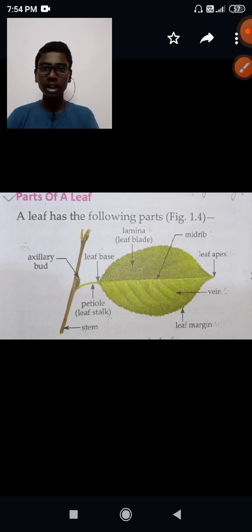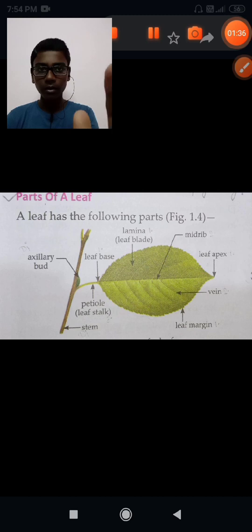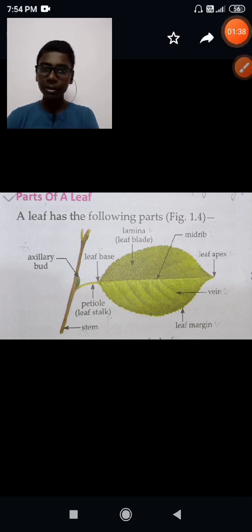So a leaf is the green, flat and lateral structure attached to the node of the stem. So I repeat, the flat, thin and green lateral structure attached to the node of the stem is known as the leaf. Okay, now let us proceed with the parts of a leaf.